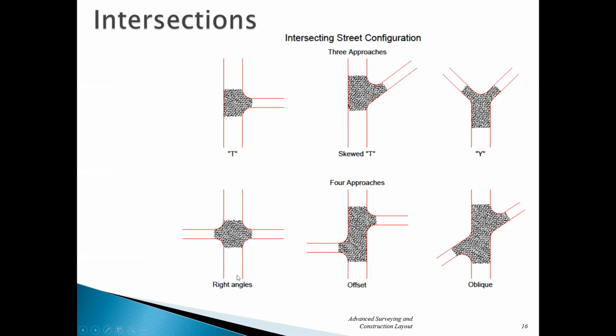I guess you guys have all seen these, I'm sure. This is pretty classic. We see a lot of these around here. And then these oblique ones. We actually have 5-way intersections around here. Has anybody ever seen a 5-way intersection? We have 5 approaches.